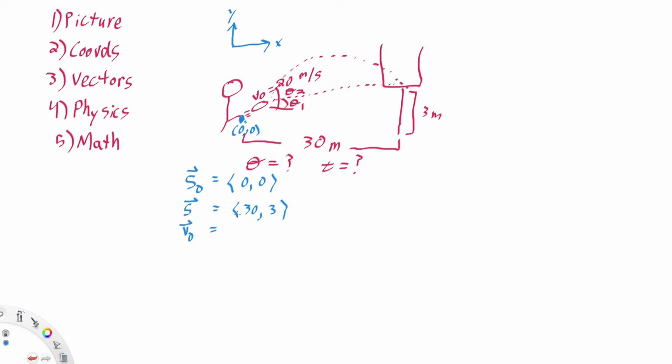So if we draw a little triangle to help ourselves, there's the initial velocity, and it's got an x part and a y part. We don't actually know what this angle is, but we can write it down as a function of the variable theta anyway. So we can write this down as 20 cosine theta for the x direction, because the x leg is adjacent to this angle, and then 20 sine theta because the y leg is opposite of that angle.